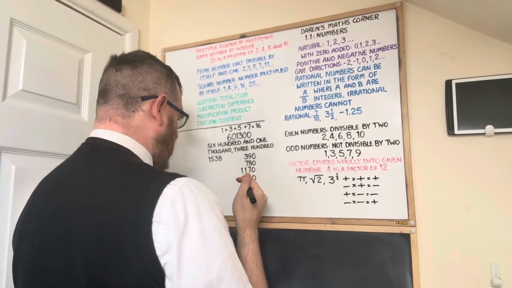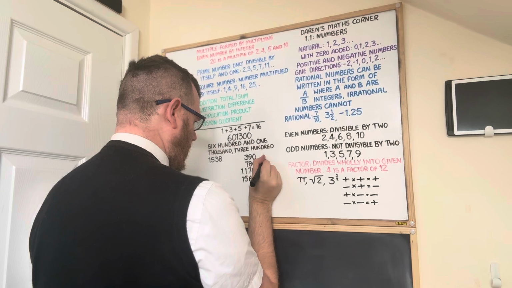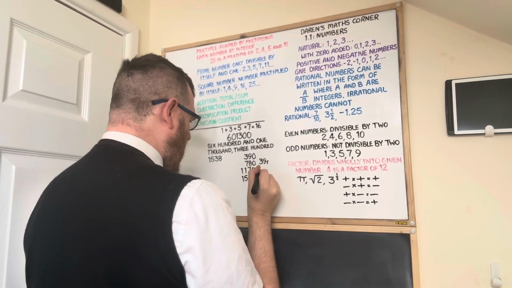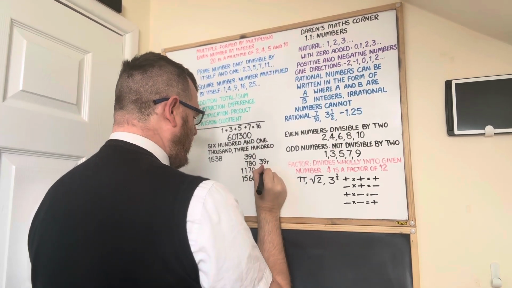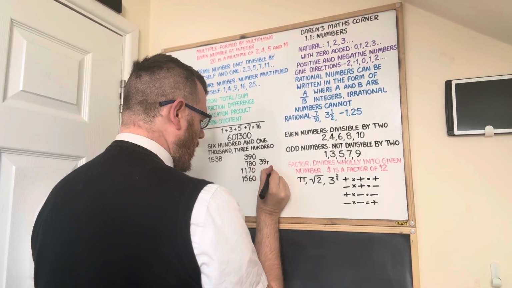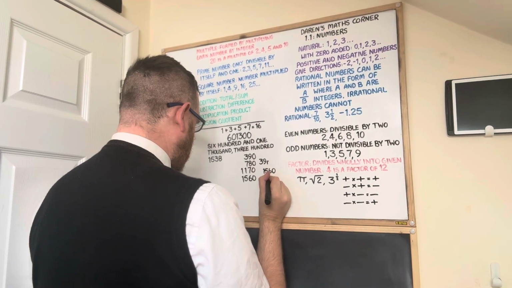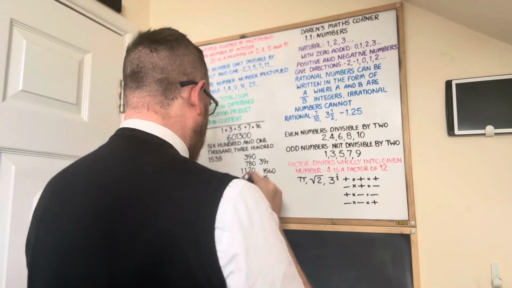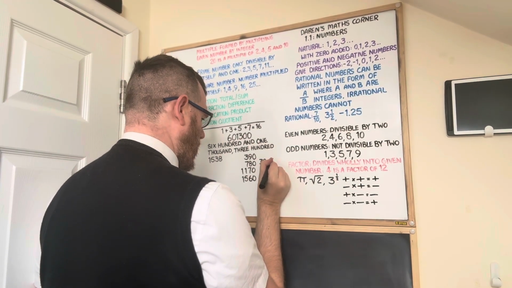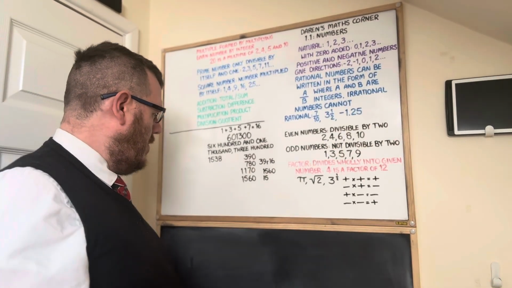So 39, remainder, let's have a look, 1,560 is 22. And you need to take 38, 16. Yeah, so the answer to that would be 16, because it's divisible 39 times with 16 left over.